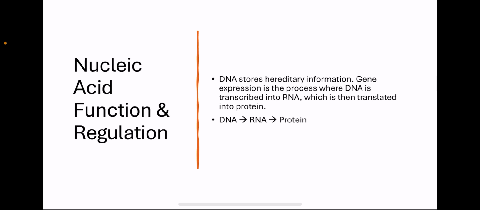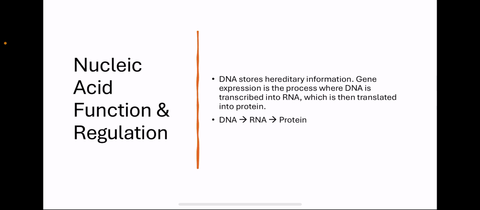Nucleic acid function and regulation. So nucleic acids, DNA and RNA, serve as both the storage medium for genetic information and the tools for its expression. The central dogma of molecular biology describes the flow of genetic information from DNA to RNA to protein.